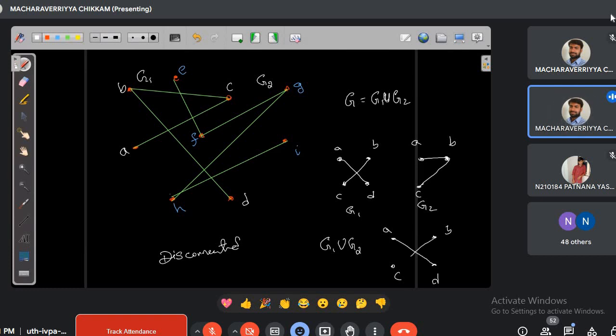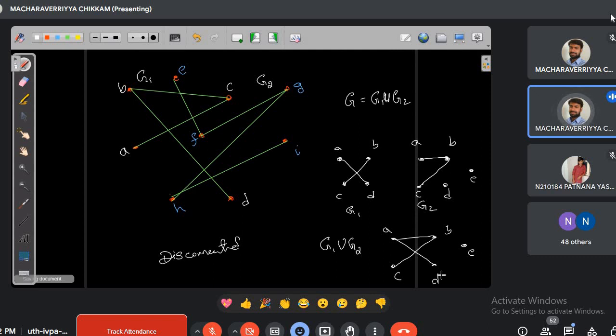So you write all edges in G1 and also all edges in G2. That's it. So this is the union of those two graphs. Suppose I have a few more vertices here, I'm going to write those vertices also. If I name them D and E, then the union you can find A, B, C, D. So this is what we meant by union of two graphs.